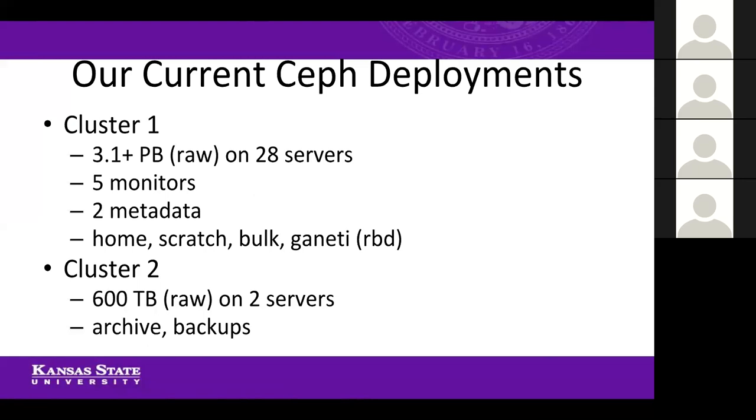The newest 2 have 8 terabyte drives because that's what we got at the time. The last 2 of our 28 servers are ginormous JBODs that have 50 disks in them. Those don't have any sort of SSDs. We're just using those for bulk and for backup.